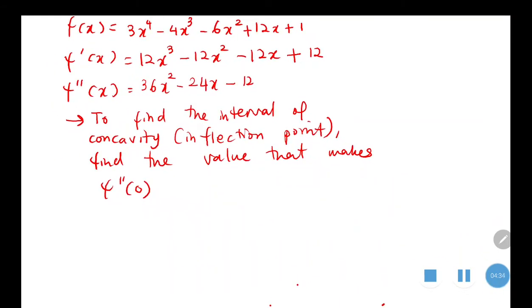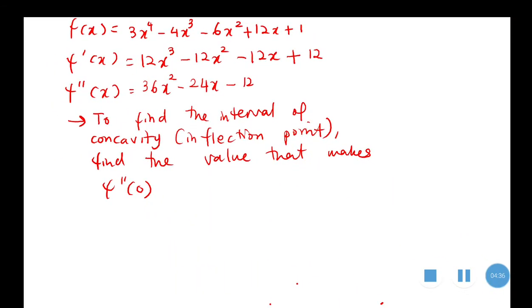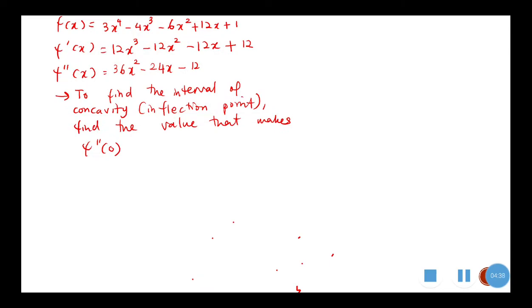Remember guys, the value that makes f double prime 0 is the inflection point.